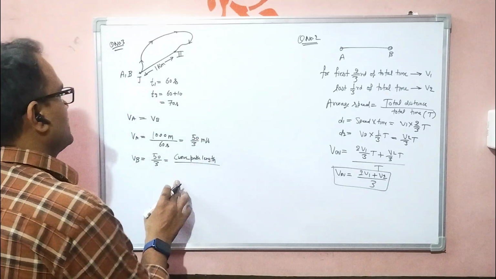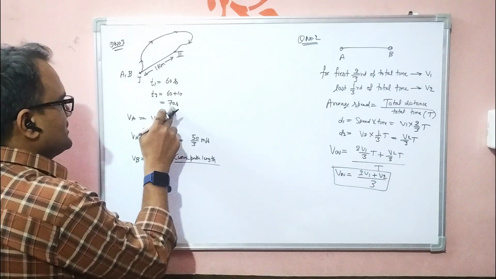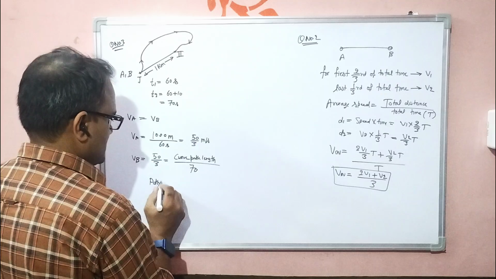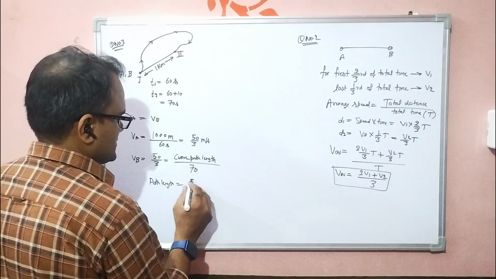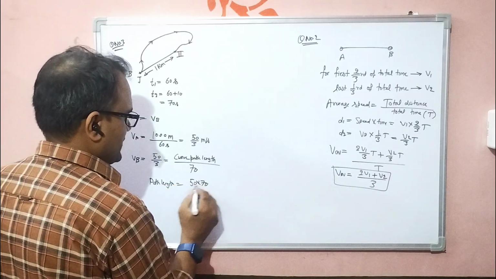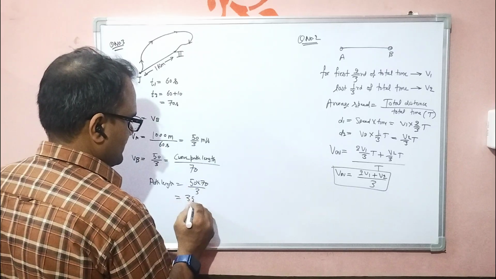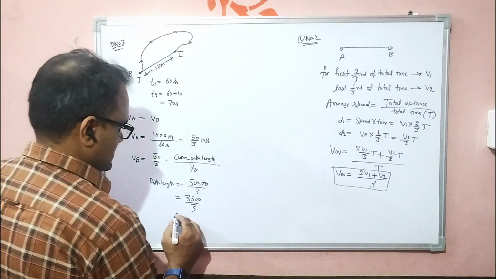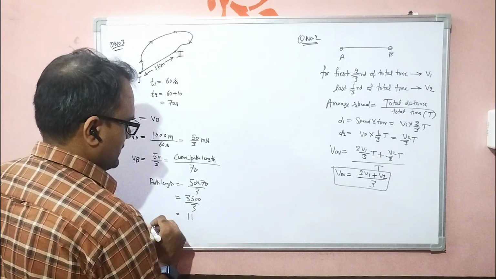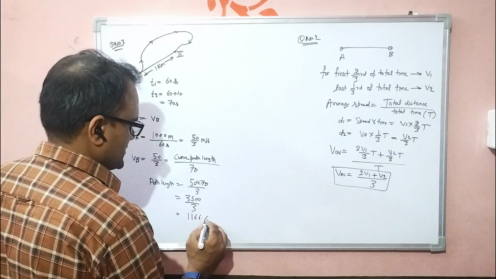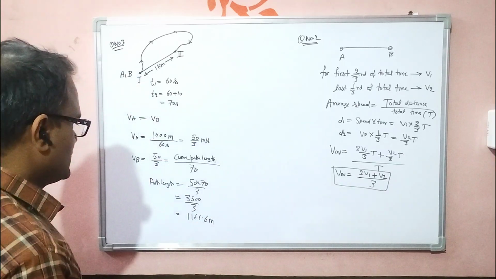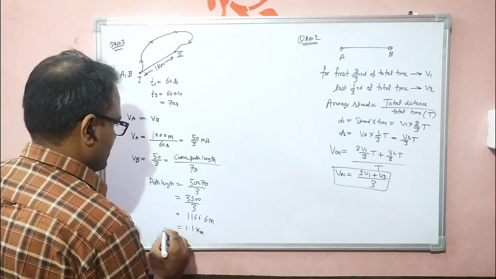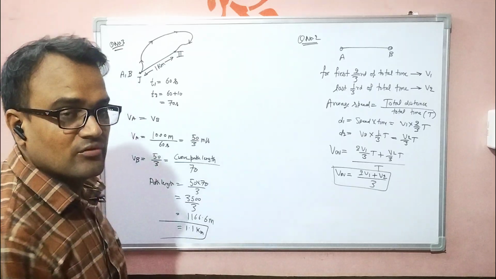And how much is the time for person B? It is not 60, it is 70. So from here I can say the path length is 50 into 70 divided by 3. If I solve it further, it is 1166.6 meters, so it is around 1.1 kilometers, right? So this is the answer of our problem.